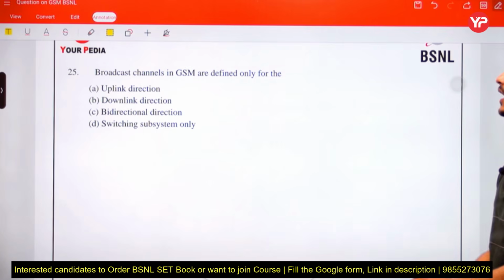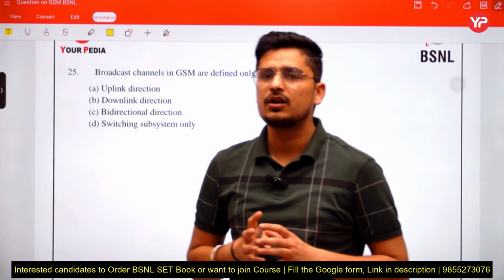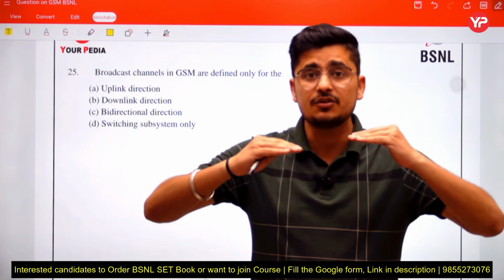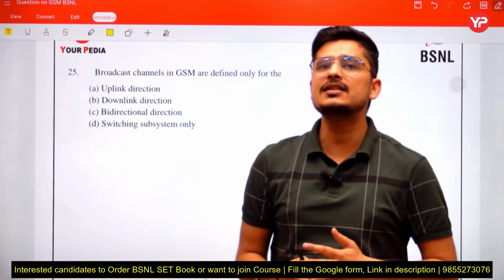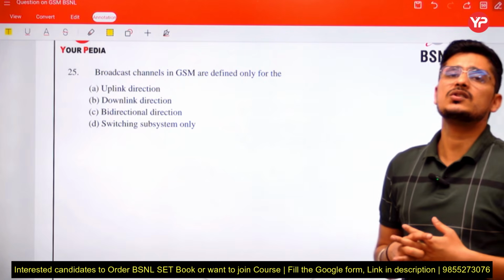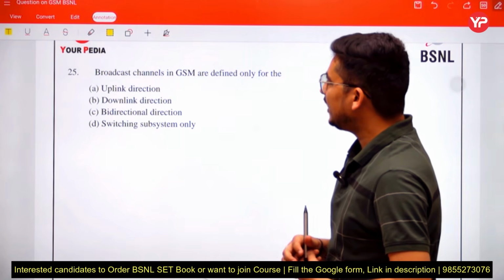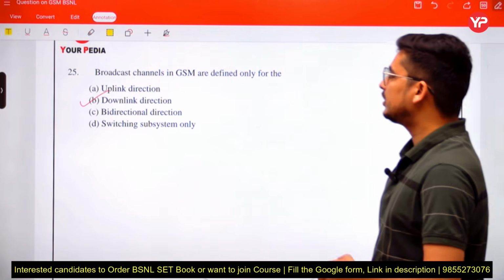Next is, broadcast channels in GSM are defined only for what? Whenever we go for broadcasting, it means your tower, your BTS, is broadcasting the information. That information is traveling from the tower to the mobile station, so that information is going in the downlink direction.